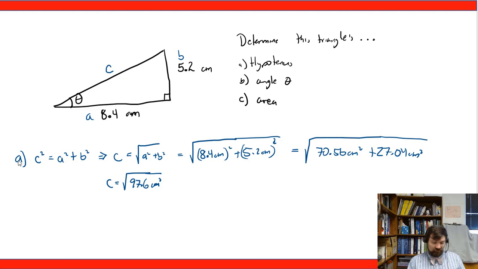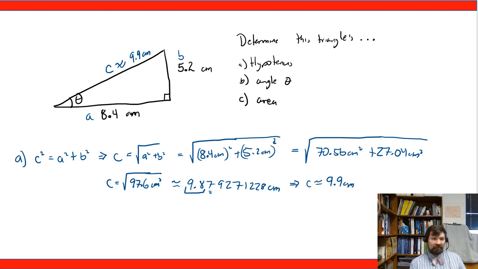So I take the square root of that, and I get 9.879271228 centimeters. And again, I said this should be rounded to two significant figures, so this digit would round up. That means that my hypotenuse is approximately 9.9 centimeters. So we'll just write that up here, 9.9 centimeters.